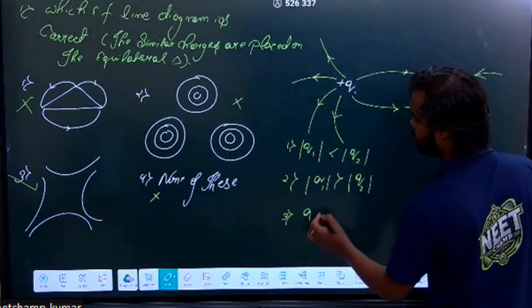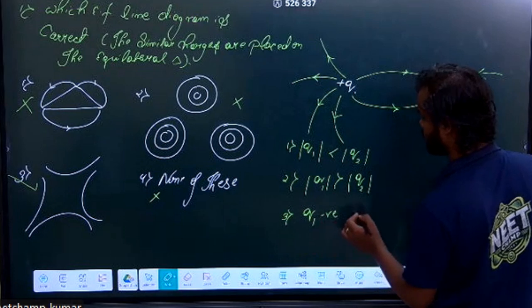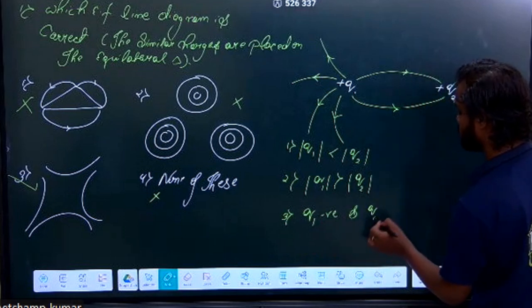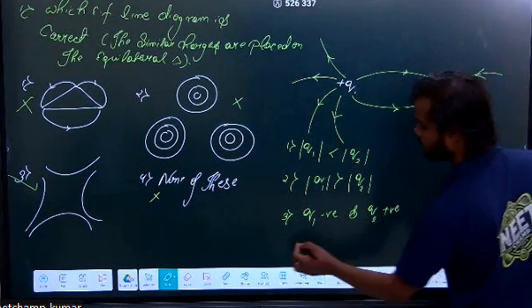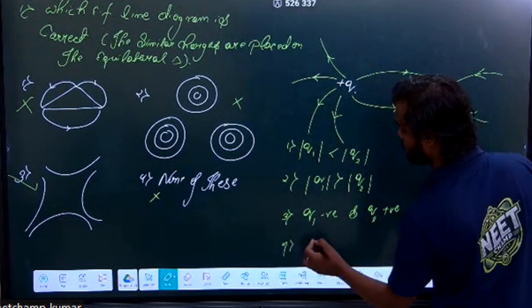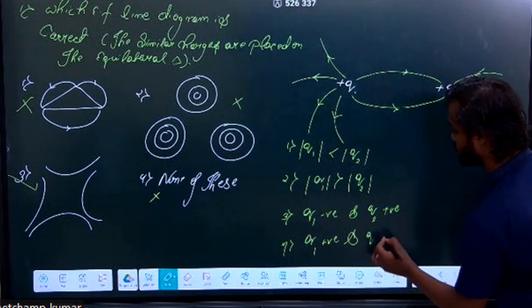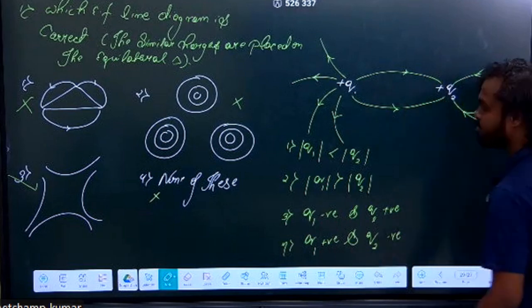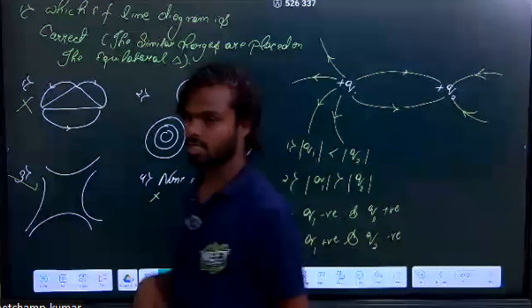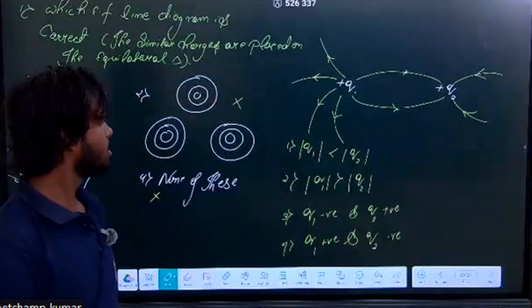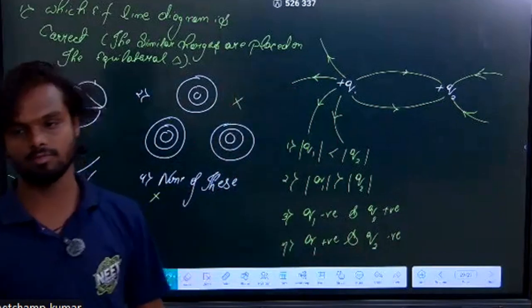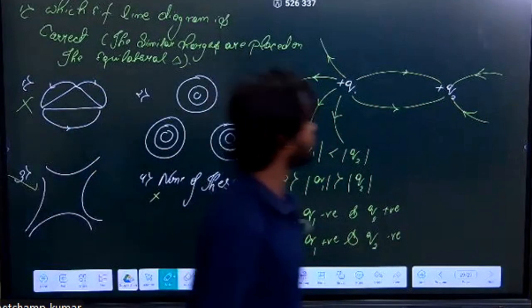Third, Q1 is negative and Q2 is positive. Fourth, Q1 is positive and Q2 is negative. It is a multiple correct question, more than one option will be correct. So you have to comment on Q1 and Q2.